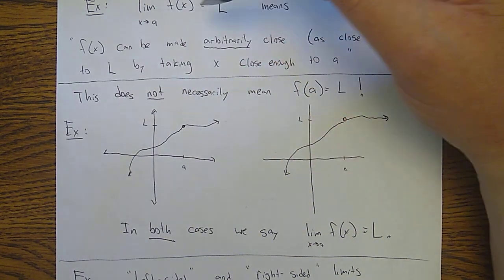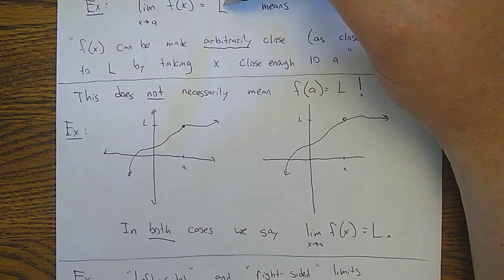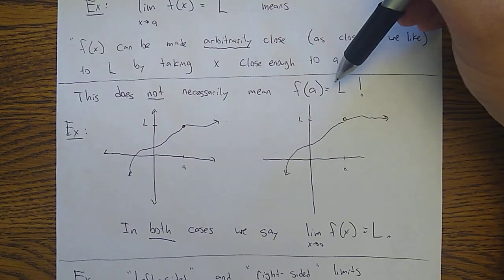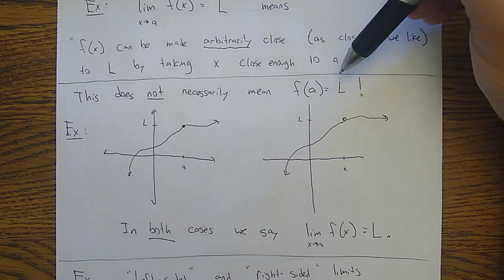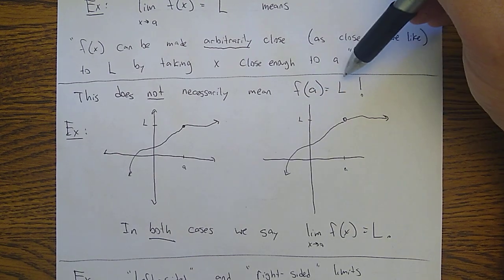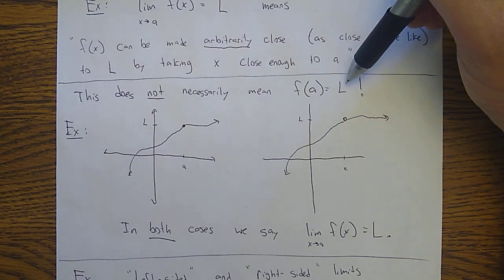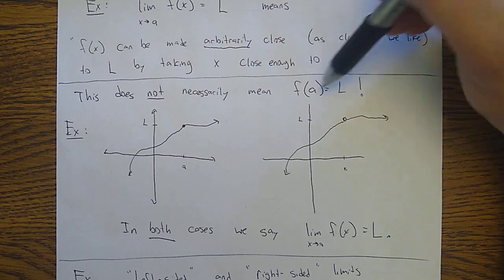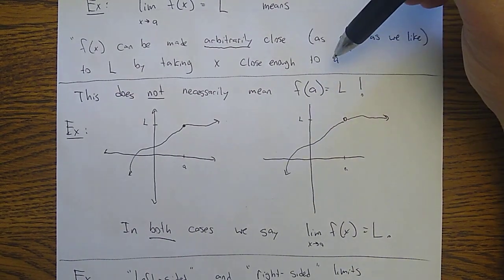So, in particular, if I say the limit as x goes to a of f of x equals L, that doesn't necessarily mean that f of a equals L. That doesn't necessarily mean that if I plug in x exactly equal to a, I will get exactly L. And it doesn't even mean that f of a would be anywhere near L. It might be very far from L. f of a could even be undefined.